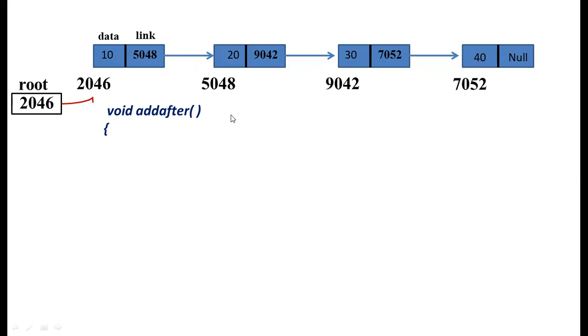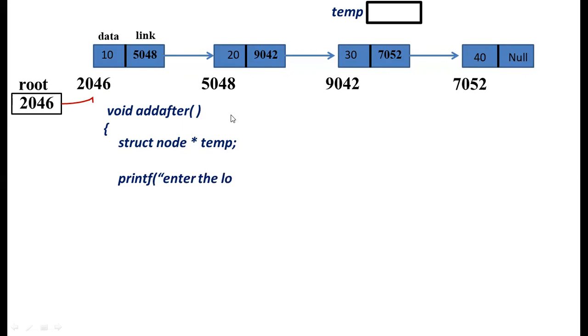Inside we are declaring one local variable to perform all the temporary operations on the node. Before that, we have to check the location. In which location do we have to insert the node? So here we have to ask the location: printf, enter the location.